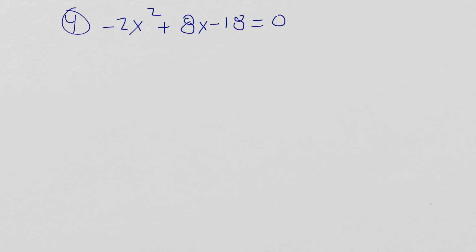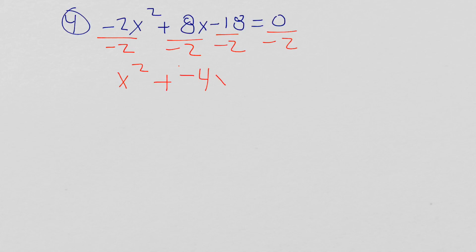All right? So now we have an x squared term that doesn't have a coefficient of 1. So we're going to divide by negative 2 across the equation. That's going to give us x squared plus, should be plus negative 4x plus 9 is equal to 0.